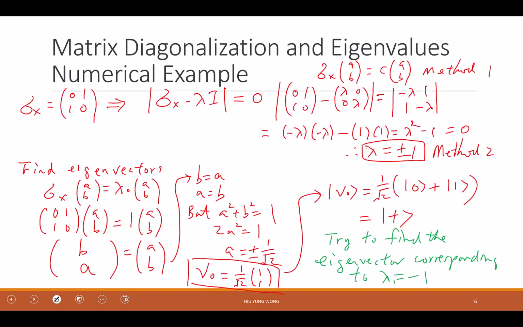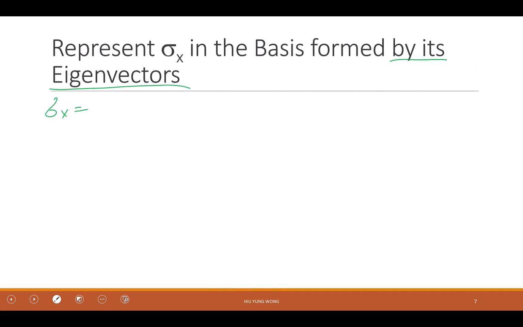Just now, it's just like I'm writing a textbook in English, in the basis formed by Japanese, for example. Now I want to write the same book, same content, in the basis formed by English. What will it look like? We just discussed.